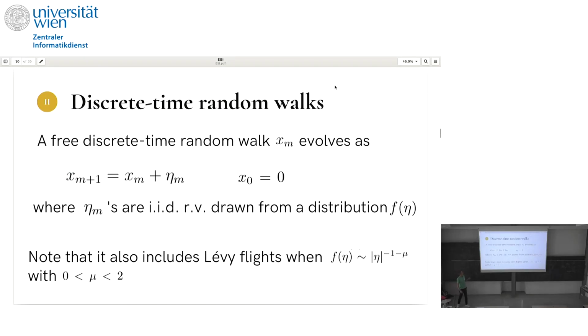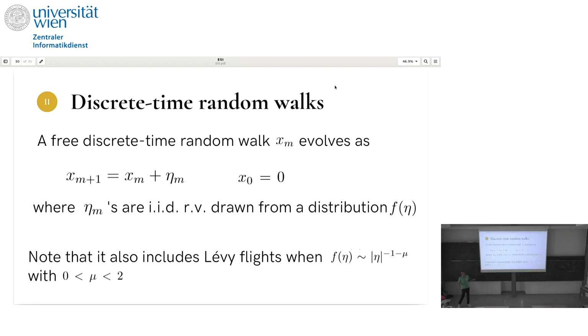Okay, so a free discrete-time random walk, x_m of t, evolves according to this Markov rule. The position at step m+1 equals the previous position plus some jump, and these jumps are IID random variables drawn from a distribution f of theta. So we'll take an arbitrary jump distribution f of theta, which also includes, as I said, Lévy flights when it has a power-law tail with exponent mu, where mu is the Lévy index between 0 and 2.